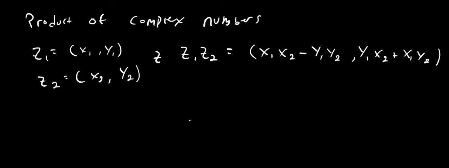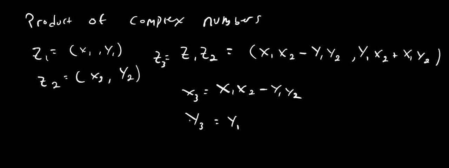All that is equal to z3, so x3 is equal to x1 x2 minus y1 y2, and y3 is equal to y1 x2 plus x1 y2.